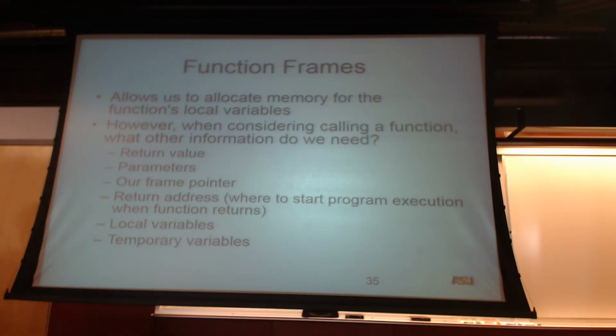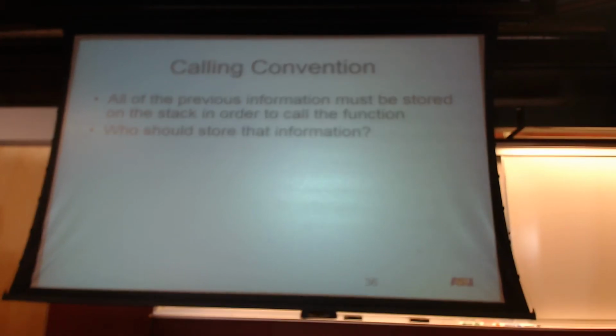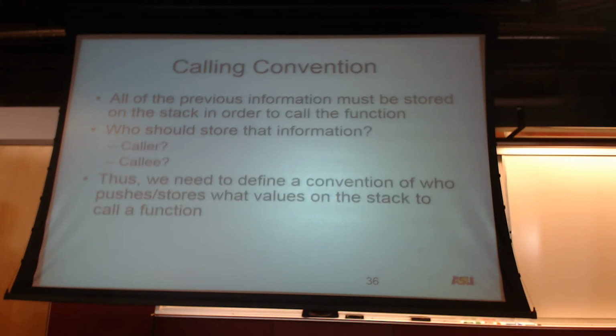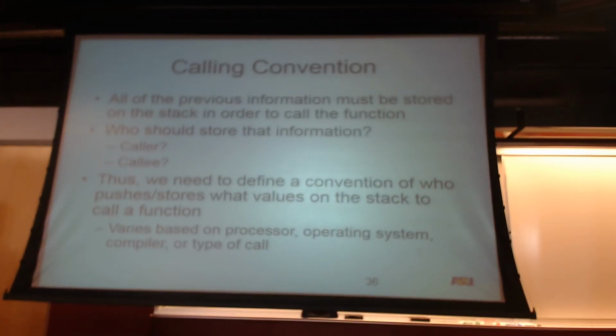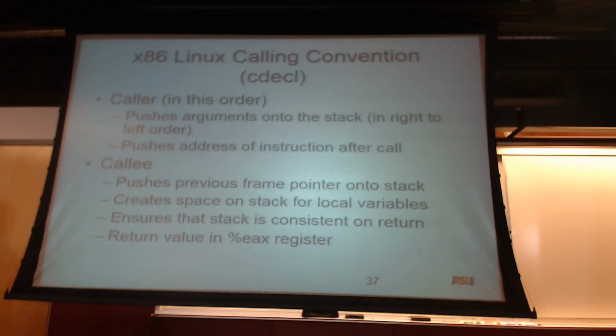We will talk about the x86 calling convention. So what is the calling convention? Who should store all the previous information that we have decided? Is that the callee or the caller? We should have some distribution of responsibility, right? So this is the distribution of responsibility for the Linux x86 calling convention.